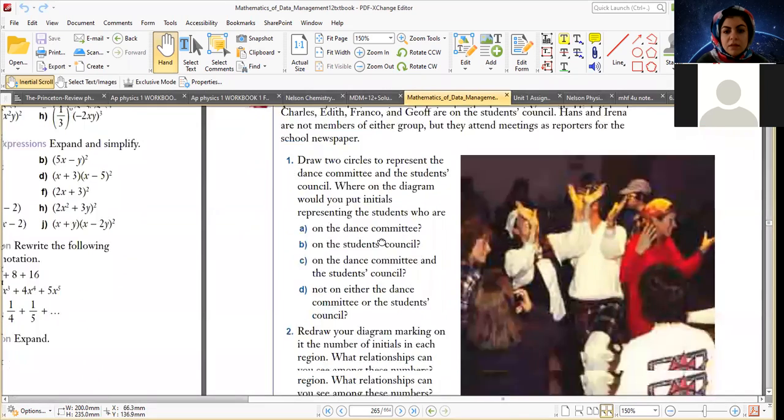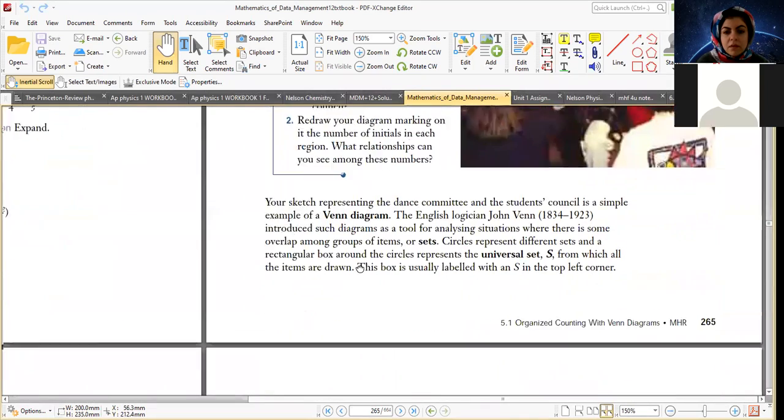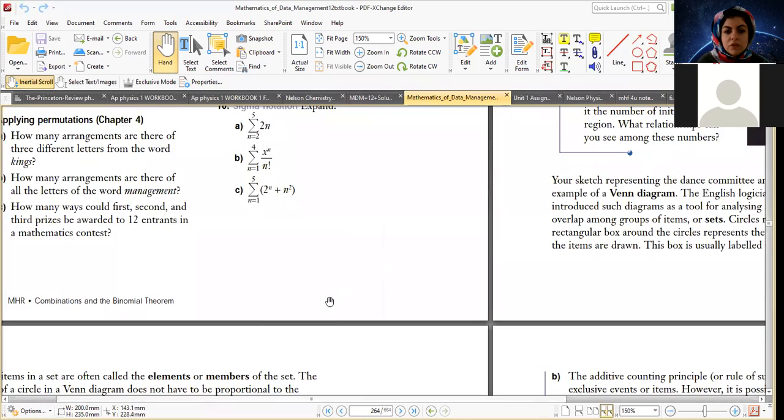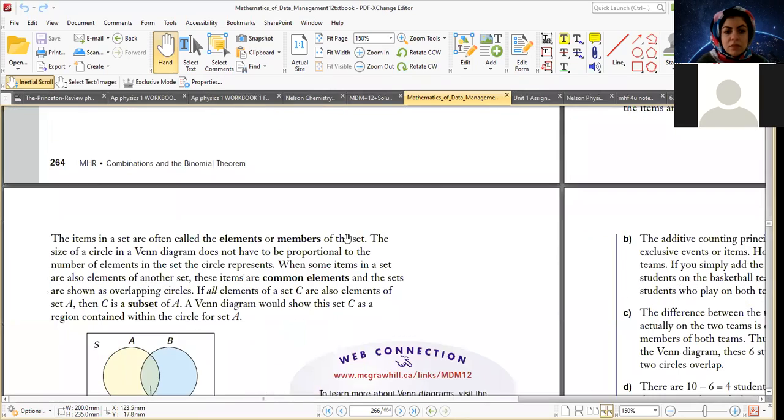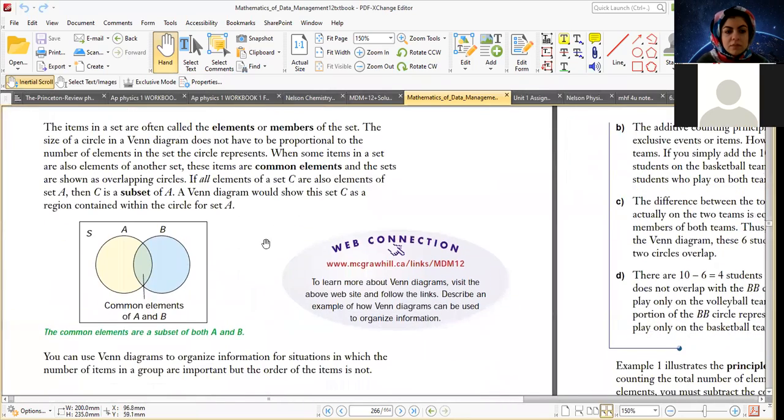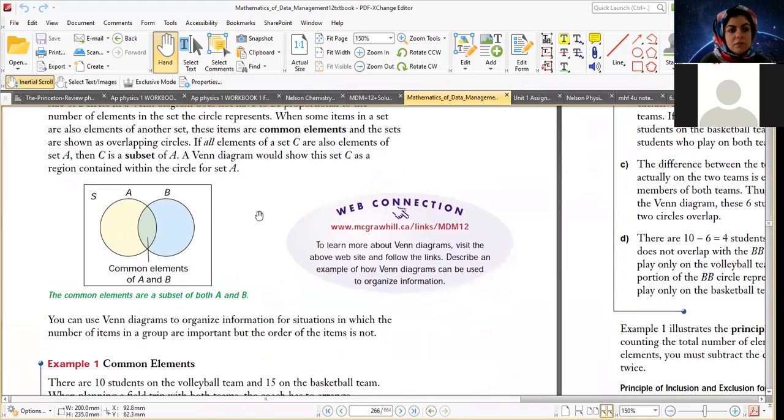So what is the Venn diagram? We can show any sets using a picture like that. A and B are subsets, and the total space here we denote as S. A has its own members, B has its own members, but they might have some members in common.